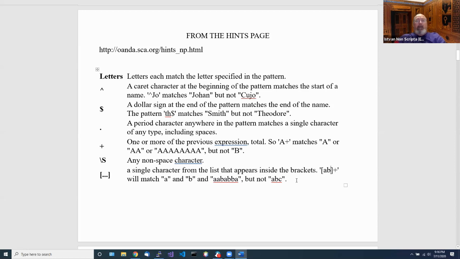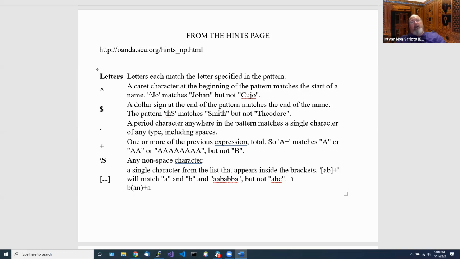If I wanted to do banana, the problem with that is the banana problem that most young children have when they're learning to spell. How many times do I put the AN in the middle of the word?